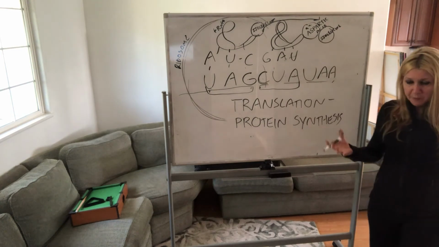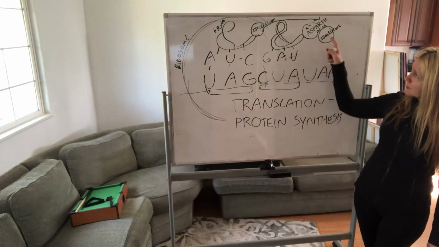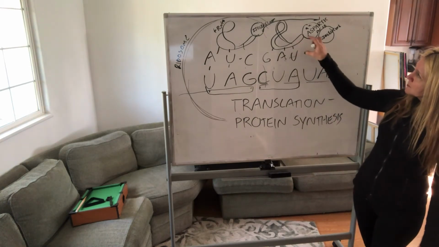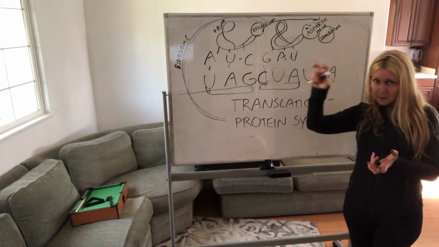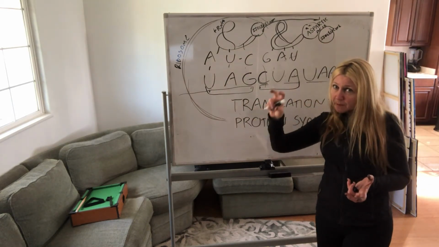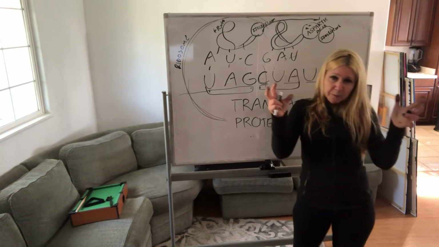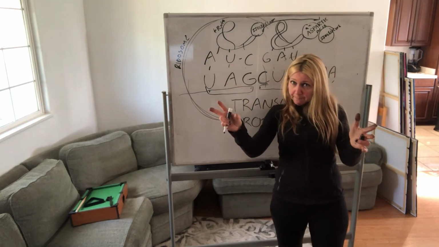Lots of enzymes. Remember, enzymes are chemicals that speed up the reactions. It's just like I said, these amino acids keep combining, and eventually, once you get a protein, you come to a message that says stop.